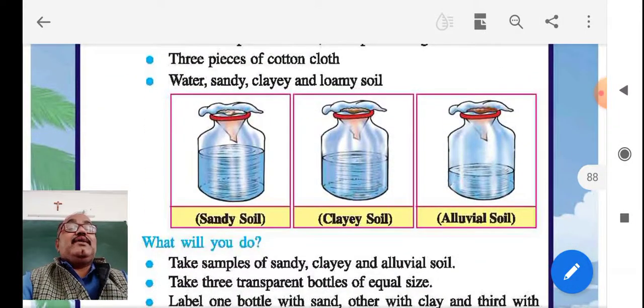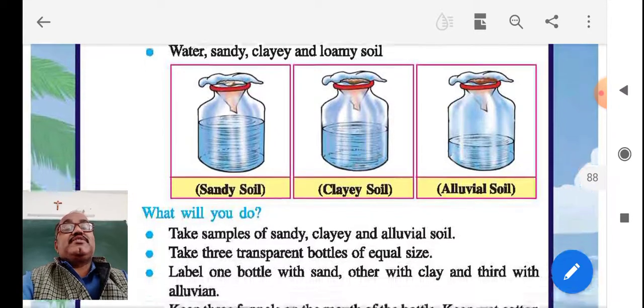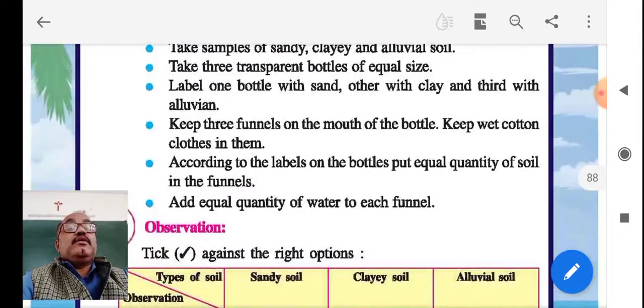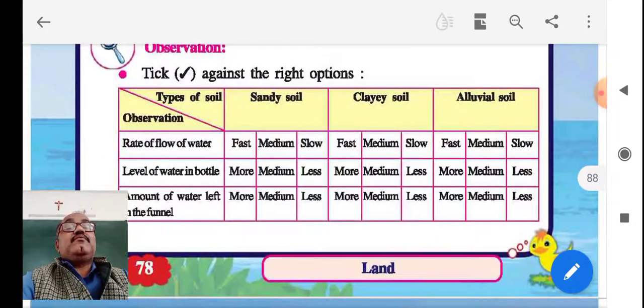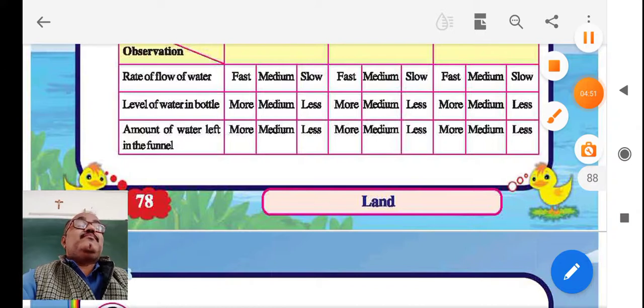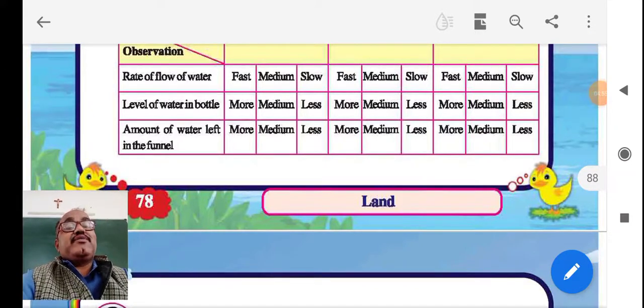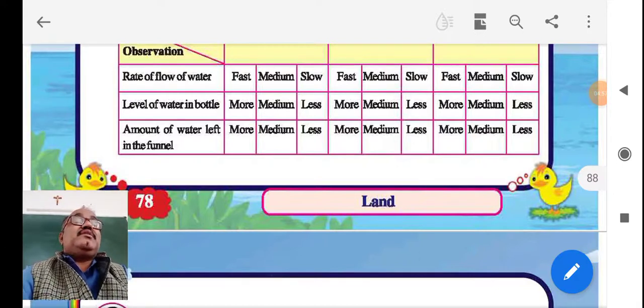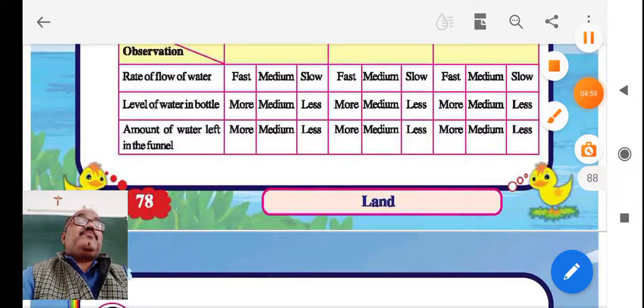Then the filtration method for sandy, clay and alluvial soils is given. Afterwards, fast, medium and slow flow of water, level of water and amount of water activity is also given. Learn it properly, whatever PDF I have shared with you. This is a revision lecture, so we will continue further in the next session.